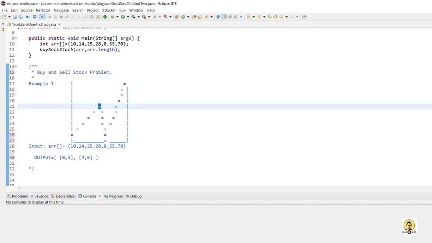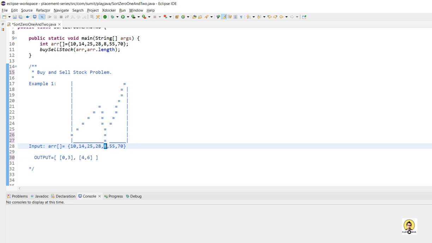Then the share falls, there is a sudden market crash and it comes to 8. After that, at this lowest point, I buy the stock again at 8, and then we can sell it after the stock price increases.